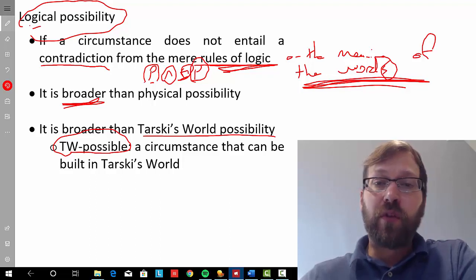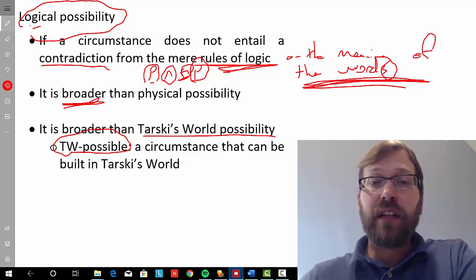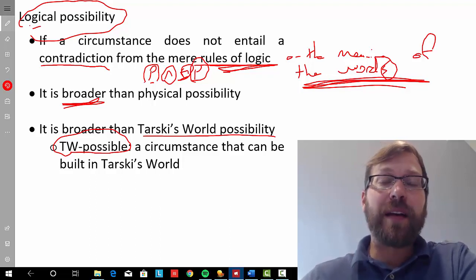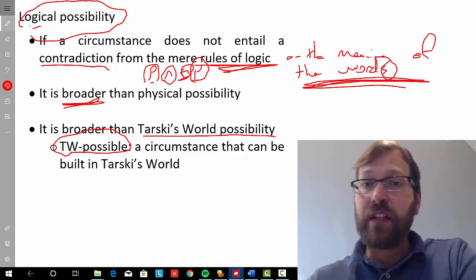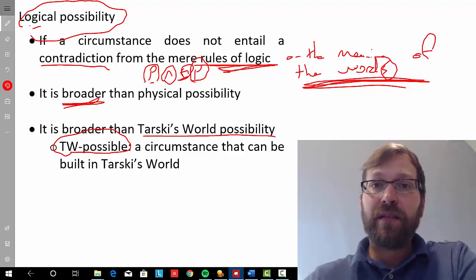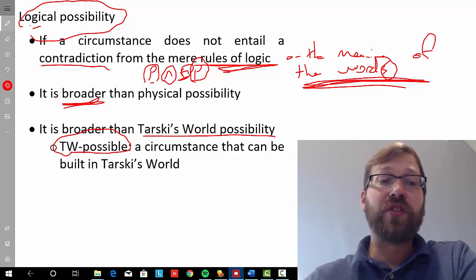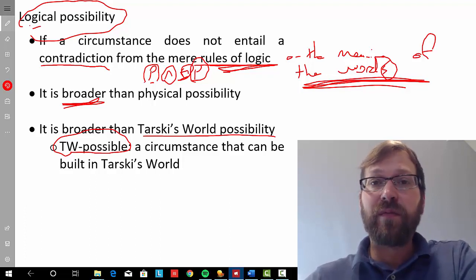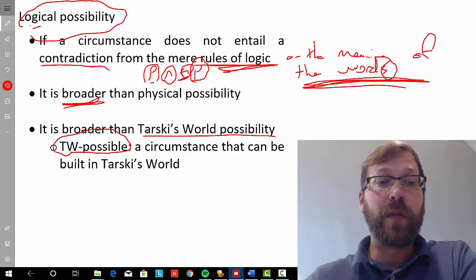So it's Tarski world impossible for A, B, C, D, whatever to be a sphere. But clearly, it's logically possible. There's nothing about the meaning of sphere that makes it impossible for something to be a sphere. So it's not logically impossible for something to be a sphere. It would be logically possible, but in Tarski's world, it's impossible.